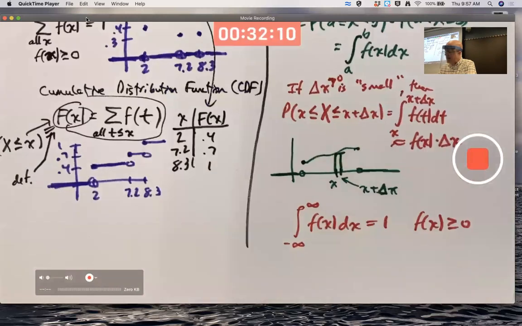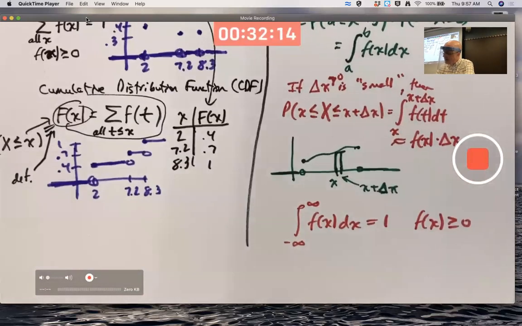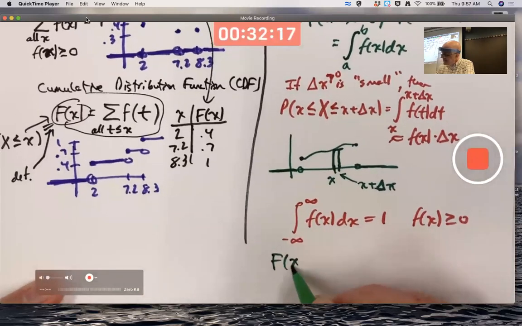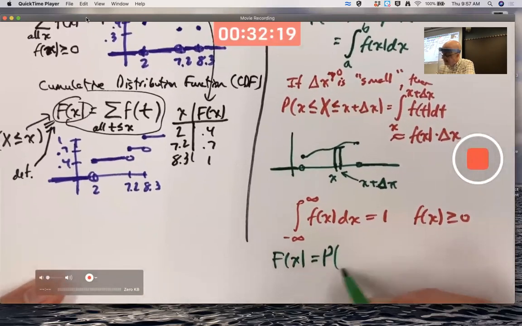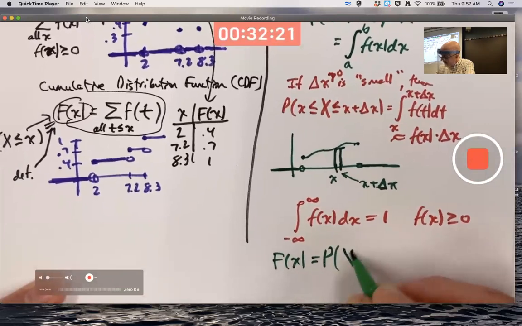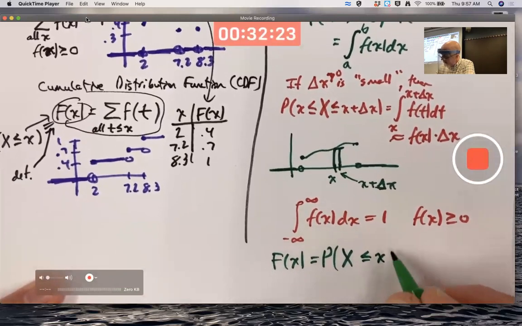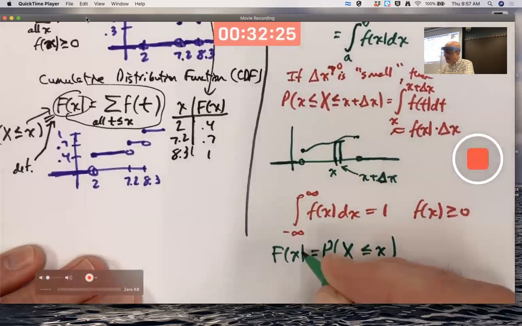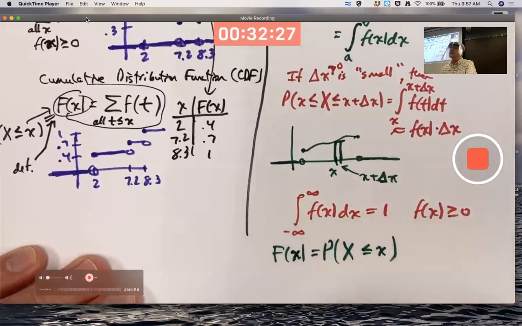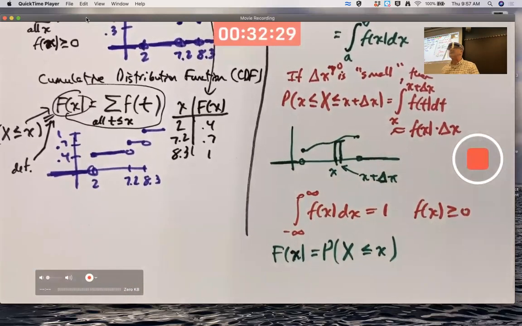In the continuous case, you can say your CDF, capital F of x, is still the probability that capital X is less than or equal to the given little x. That is still the exact same formula as the discrete case by definition.